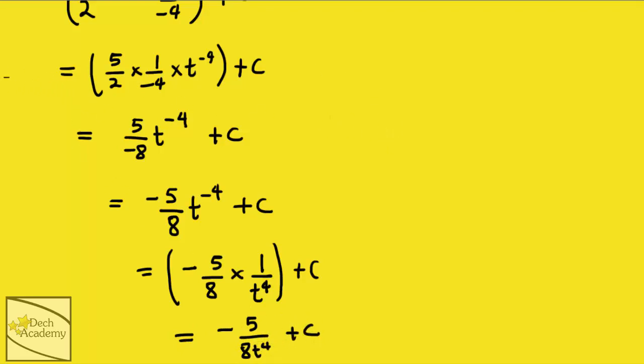The key thing that has been used here is the following law of indices: 1 over x to the n is equal to x to the power of minus n. 1 over t to the n is equal to t to the minus n. So here, 1 over t to the 4 is the same thing as t to the minus 4.